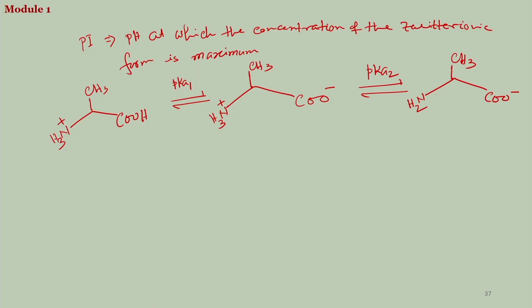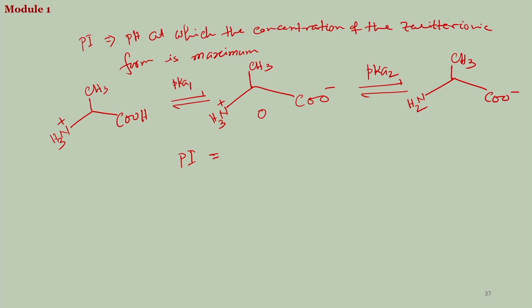Now, if you look at the pKa values of alanine, your value of pI would be the average of the two, because we are basically calculating the concentration of the zwitterion, which has net charge 0, plus charge and minus charge, and this is involved in both equilibria, this step as well as this step.